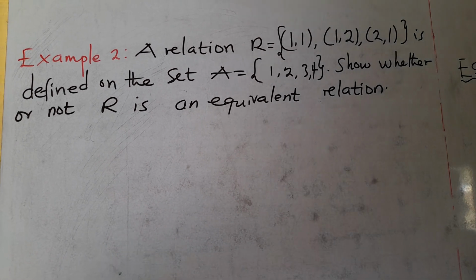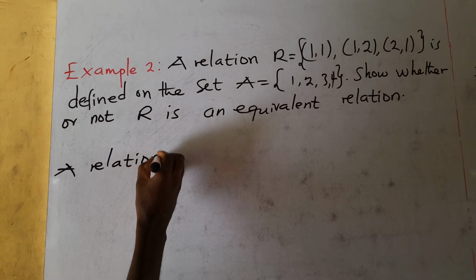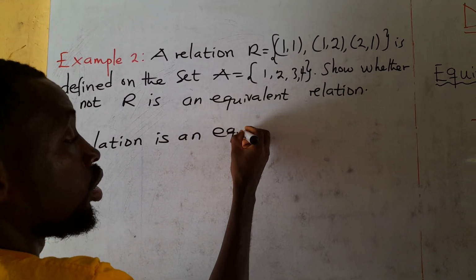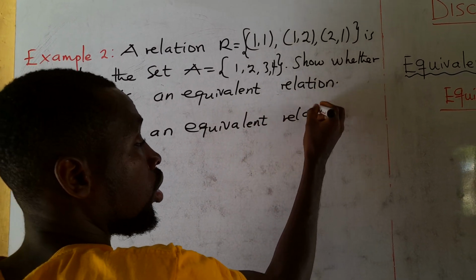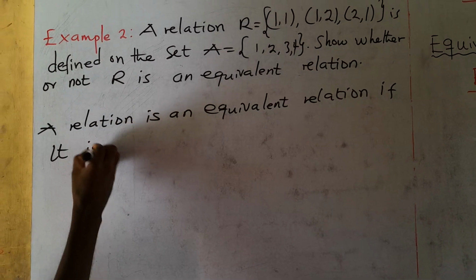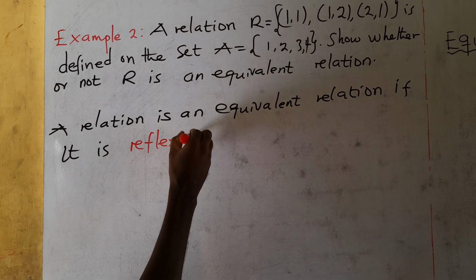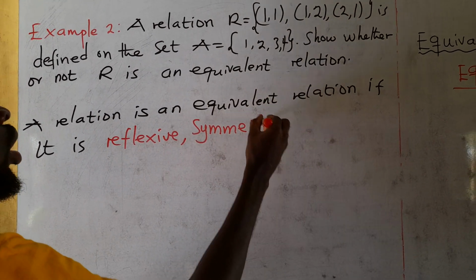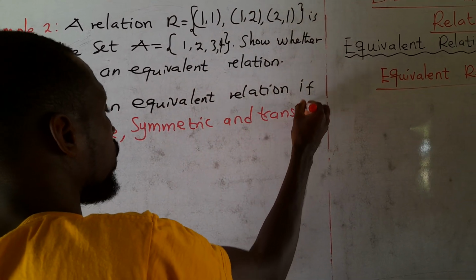Remember, we said a relation is an equivalence relation if it is reflexive, symmetric, and transitive. I hope you know this by now.